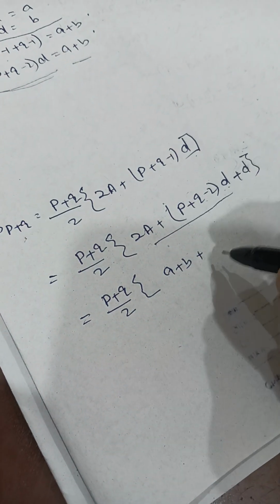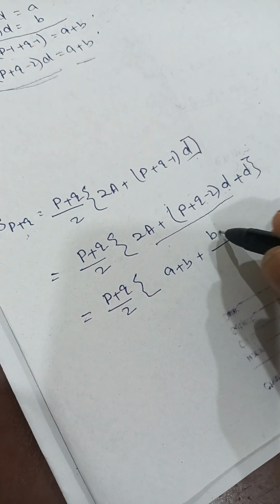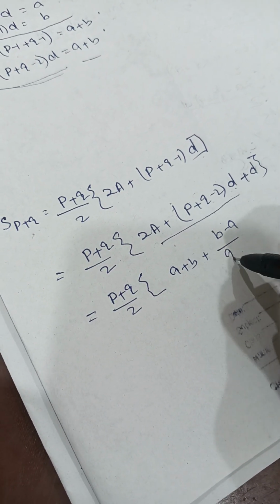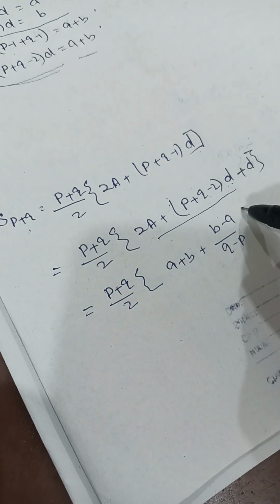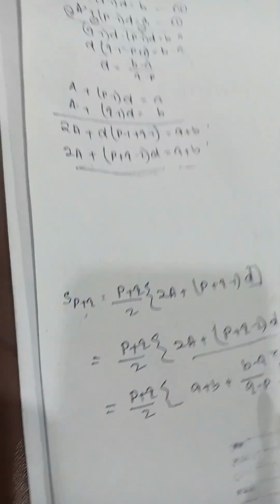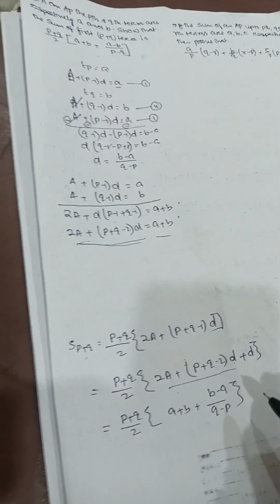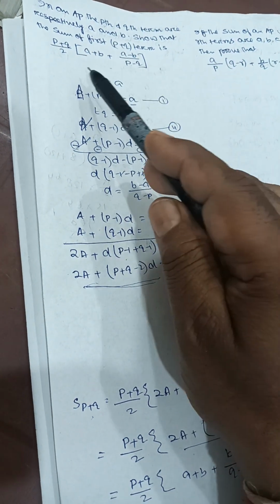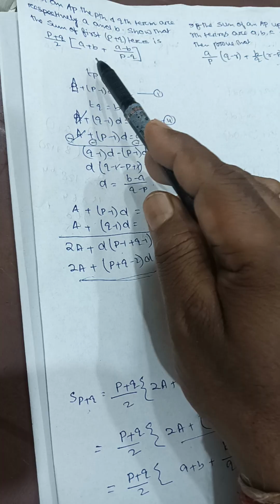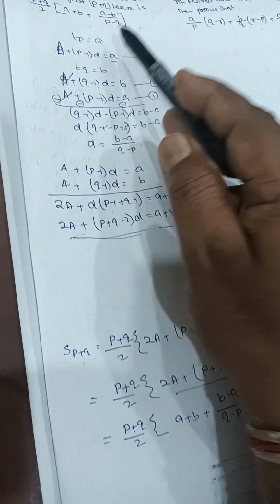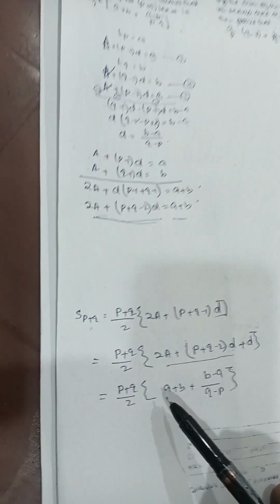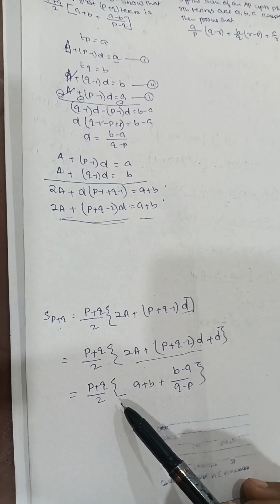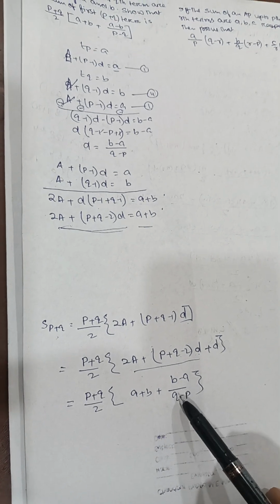In place of this d you write (b minus a) by (q minus p). So it is (p plus q) by 2 into (a plus b plus (b minus a) by (q minus p)).